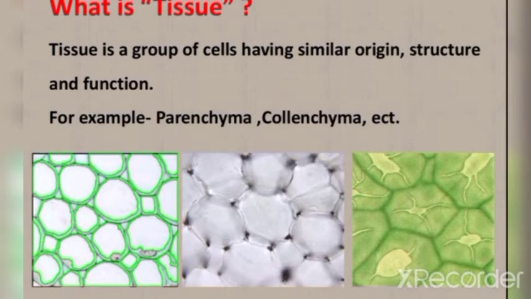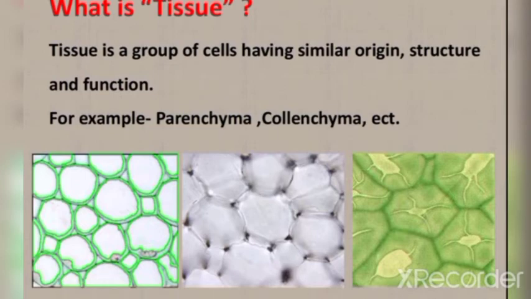The importance of tissue is that it has brought about division of labor in multicellular organisms, whether plant or animal. There are different types of tissue that perform different functions.